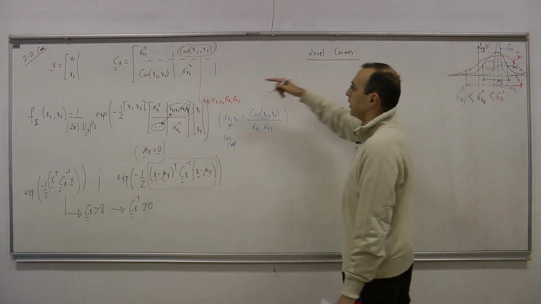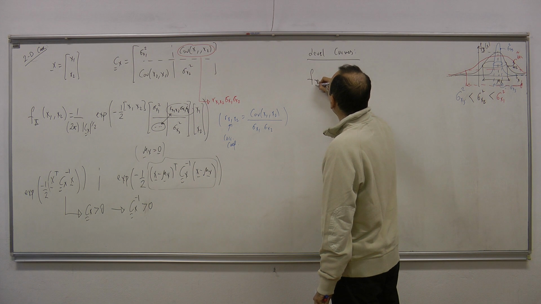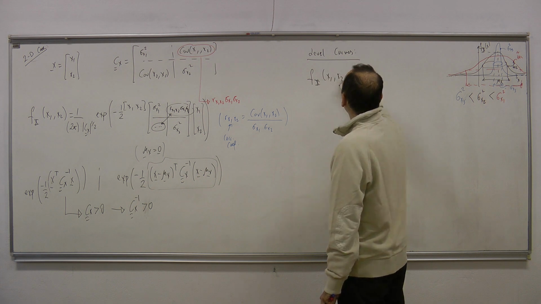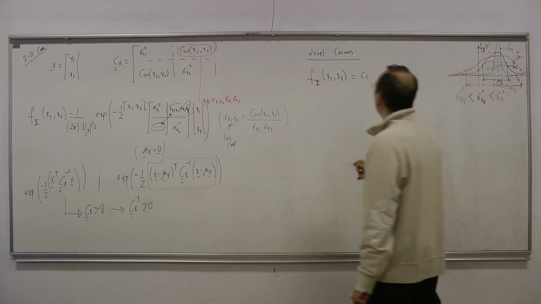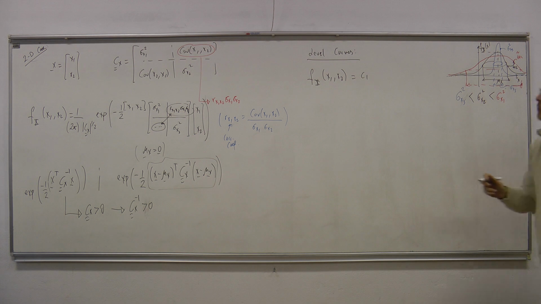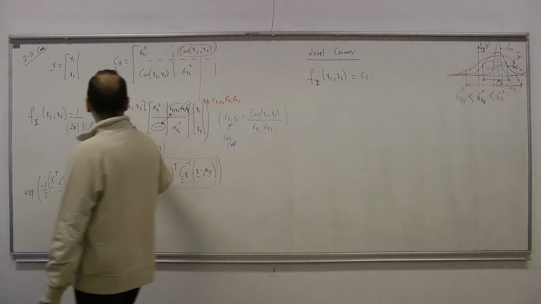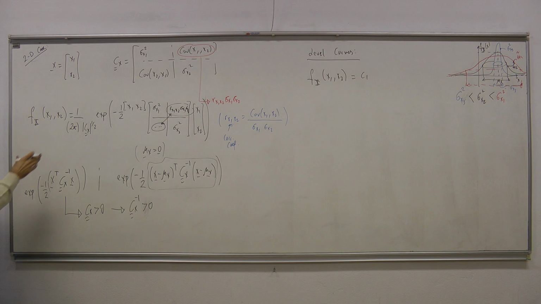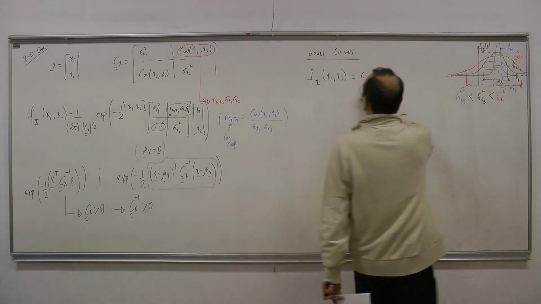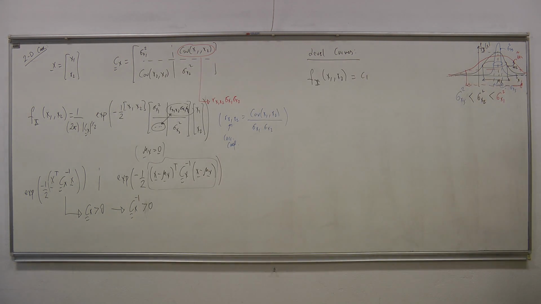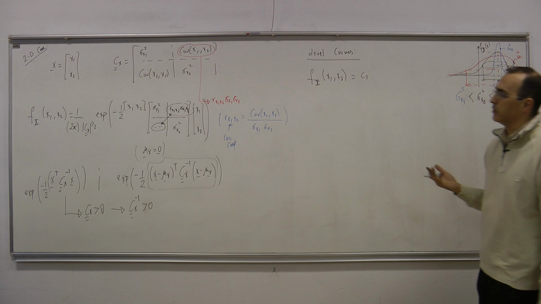I want to understand, at least in this two-dimensional case, for example, this is equal to C1. Let's say that this is my Gaussian density. So the locus of the points for which this density takes the value of a constant, C1. What are those points?